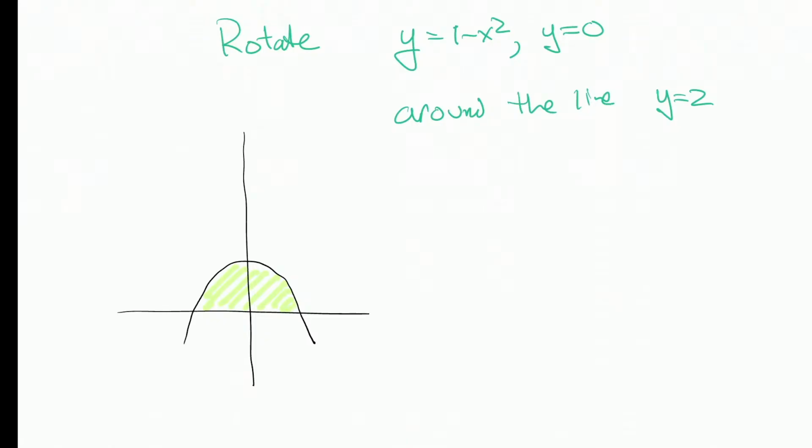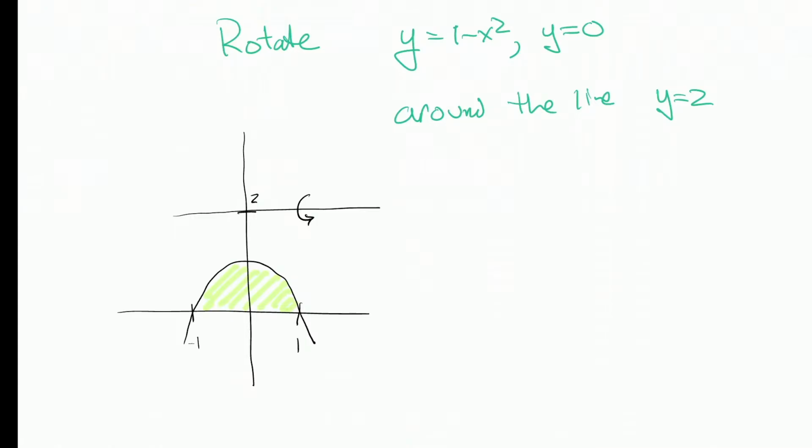I picked numbers that were easy enough that hopefully this won't shock you: this is negative 1 and this here is 1. So that's the region. Now for the sad part, we're rotating this around the line y equals 2, which means that you're going to take that thing and sort of rotate it all the way up and around.